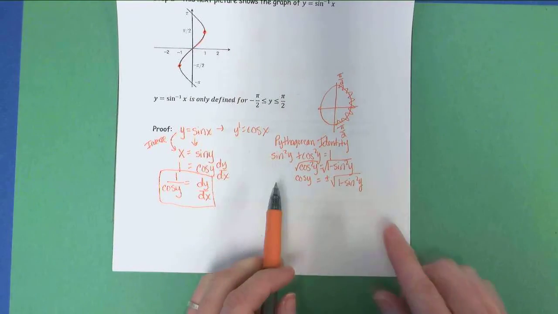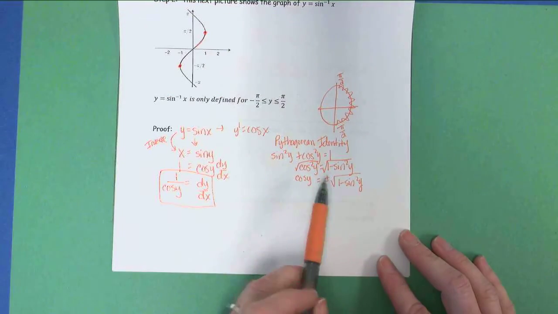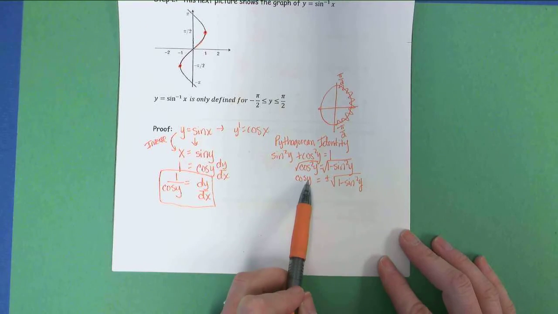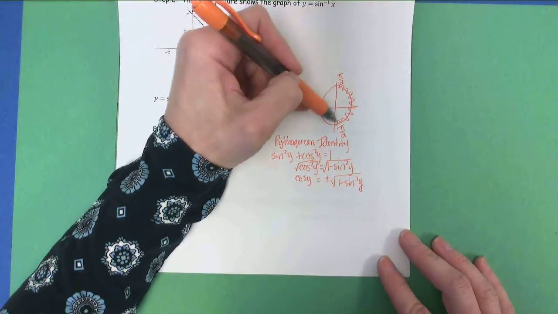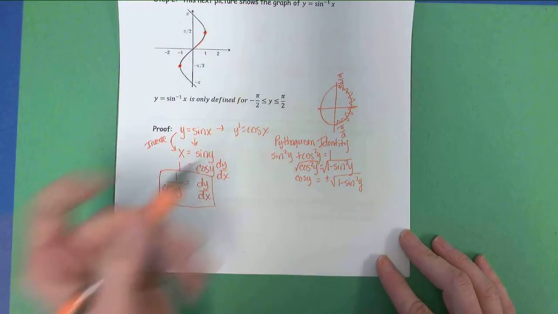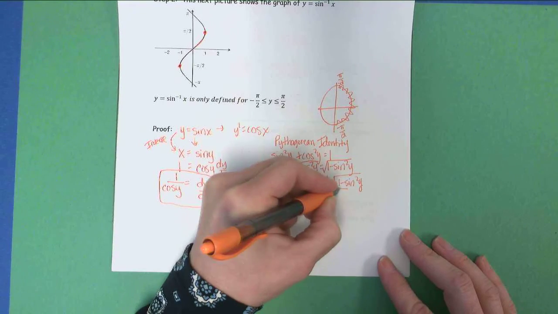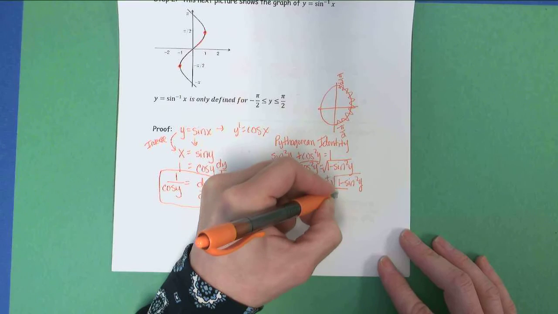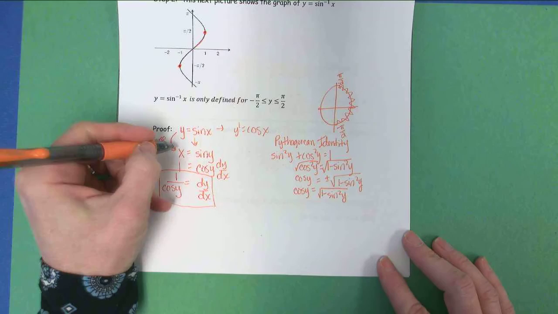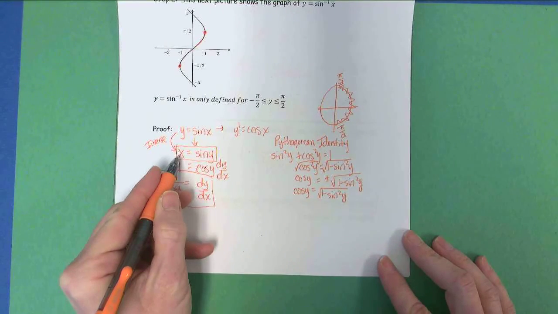Now, here's why I was getting so into this unit circle earlier. I'm going to throw out the negative square root because the cosine y is always positive for where the inverse sine function is defined. So I'm going to rewrite this as cosine y equals the positive square root only of 1 minus sine squared y. Now, if you look back right here, sine y is equal to x.